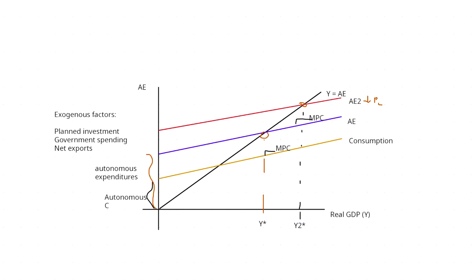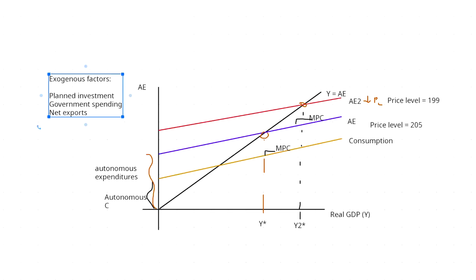So because this line corresponded with price level, let's say, I don't know, 205, and this one corresponded with price level 199, you can actually take that information, and that's what derives your aggregate expenditures line in the, excuse me, your aggregate demand curve in the ADAS model.